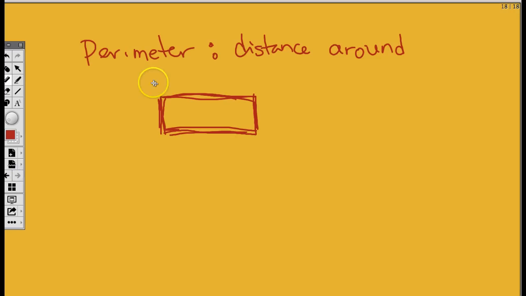So then if this is 3x, how long do you think this side is if this is a rectangle? Yeah, it's 3x because by definition, rectangles means opposite sides have the same length, right? And if this side over here is x plus 16, how long do you think is going to be down here? Yes, you're absolutely right. It's going to be x plus 16.